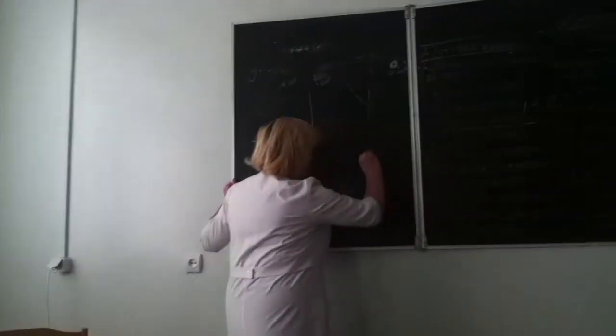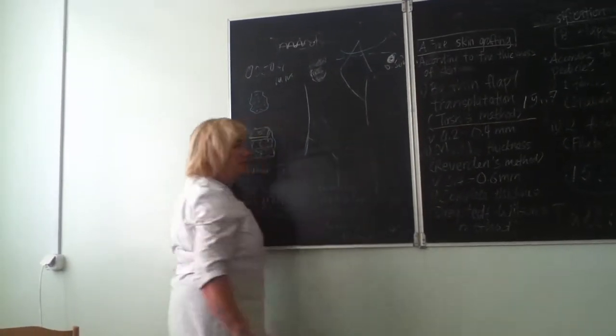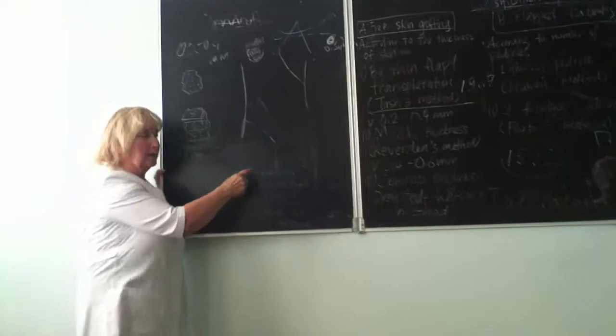When we recognize where we want to take the skin, we can use a medical gum. We apply the medical gum on the surface of the skin that we want. Strips of 11 and 7, medical gum.